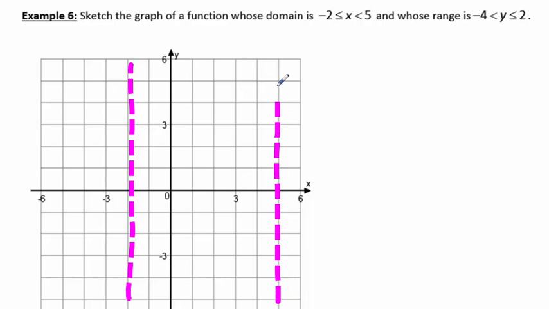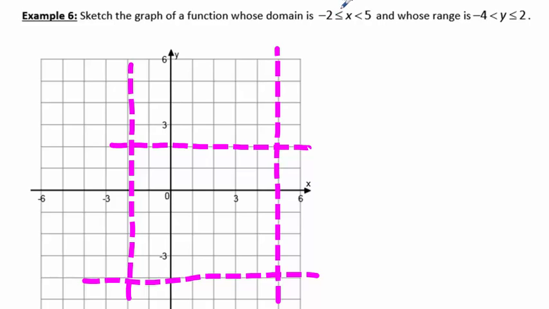So there's nothing to the right or to the left of those two lines I drew. And the y values need to be between -4, if I can draw a straight line, and 2. So everything I draw is going to be inside this little box right here to have the correct domain and range.